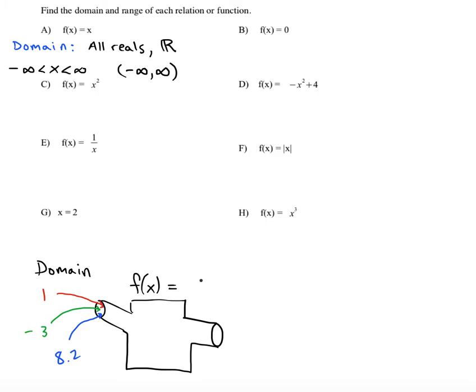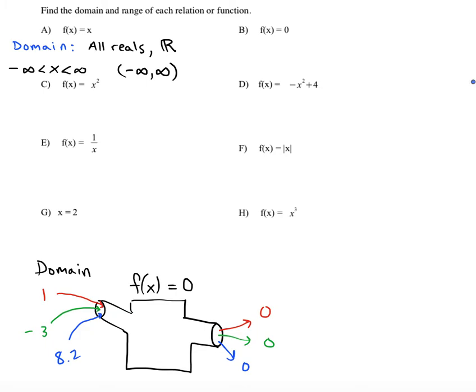We'll change our function here to f of x equals 0. When we do that, no matter what we put in, we get 0 out. But are there any restrictions on what we can throw into the left side of this machine?